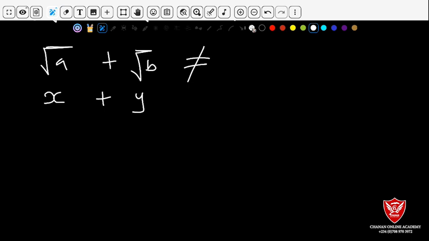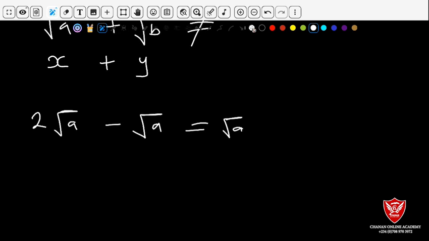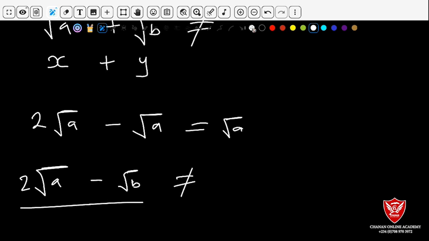If you have 2 root a minus root a, the coefficients will subtract each other. So we have root a. And take note, we cannot simplify root a minus root b. It will remain the same thing. It won't change. All right.